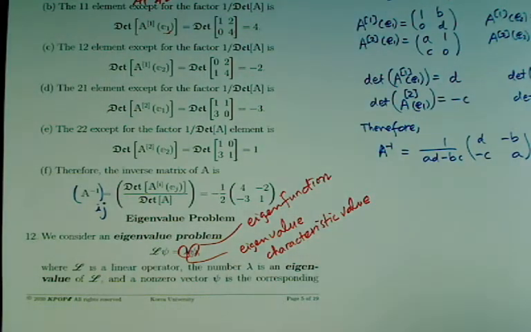Then it is possible to find a system whose coordinates for the eigenvectors are just trivial unit vectors, 1 0 0 0, 0 1 0 0, 0 0 1 0, something like that.